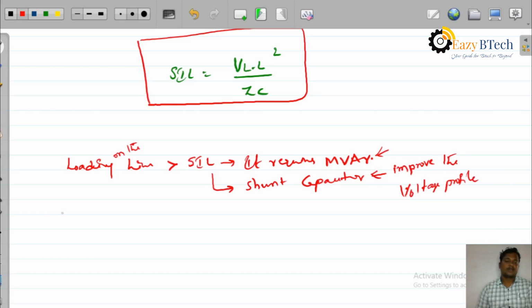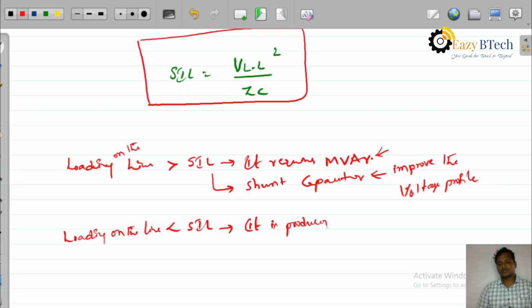If the loading on the line is less than the surge impedance loading, then it is producing more reactive power. To absorb that excess reactive power, we have to connect shunt reactors.